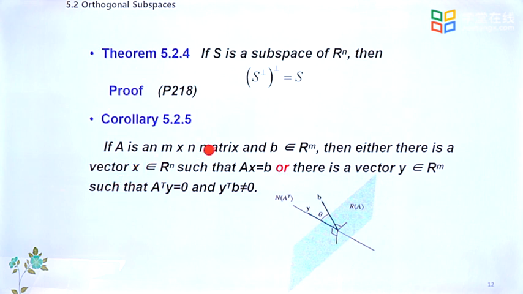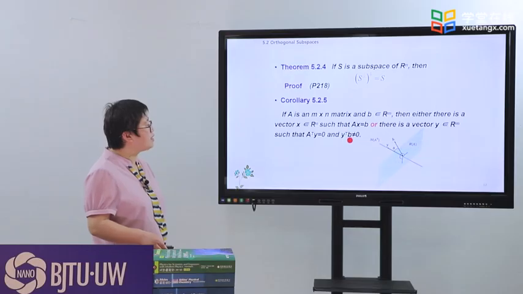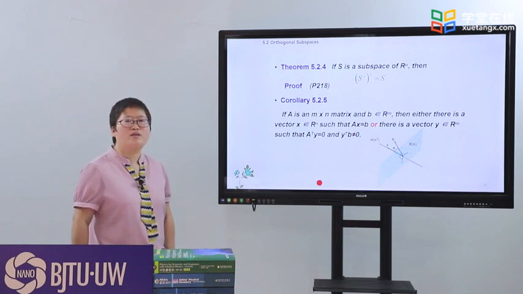If A is an n by n matrix and b belongs to R^m, then either there is a vector x belongs to R^n such that Ax = b, or there is a vector y belongs to R^m such that A transpose y = 0 and y transpose b does not equal 0.